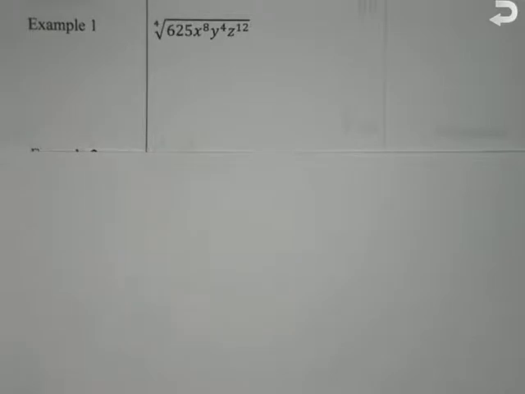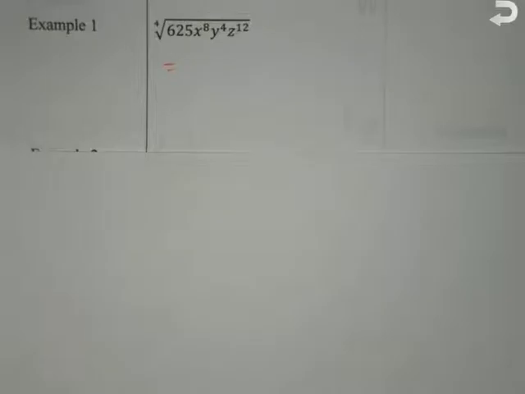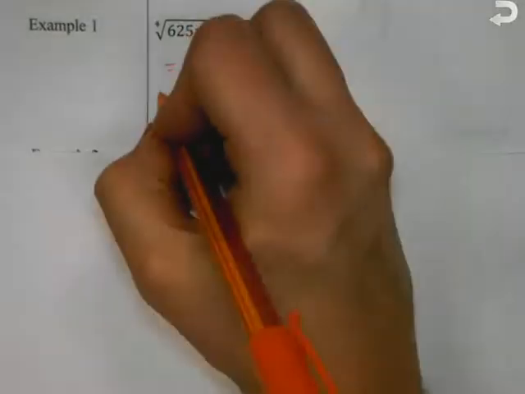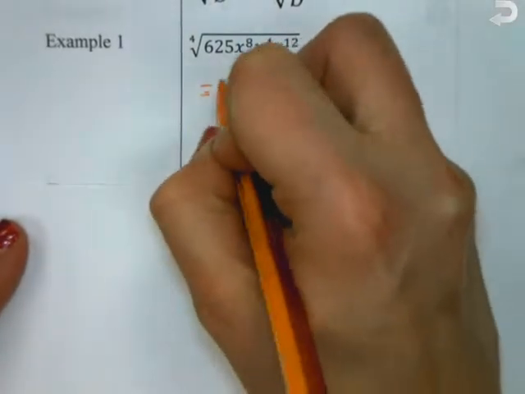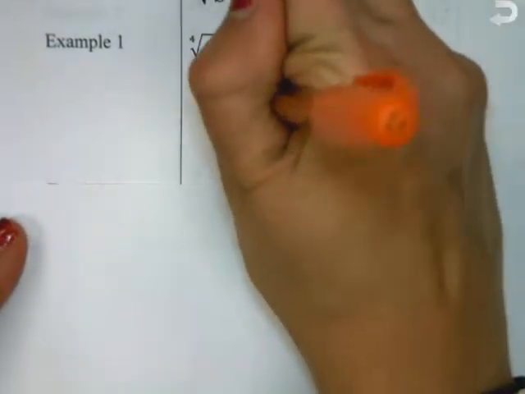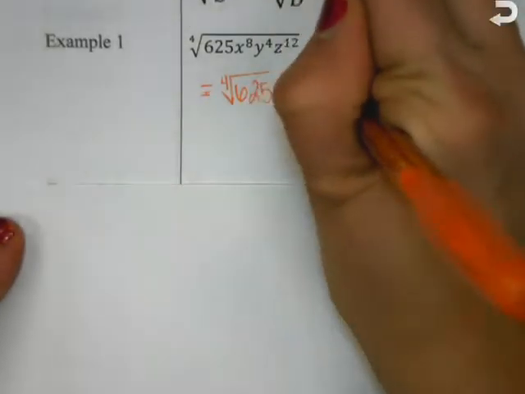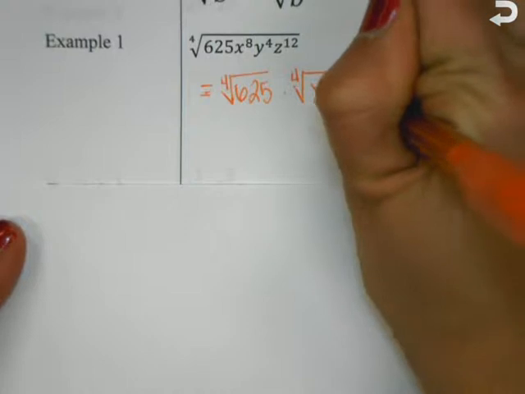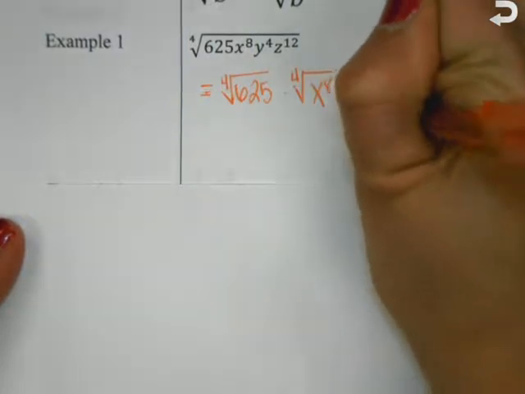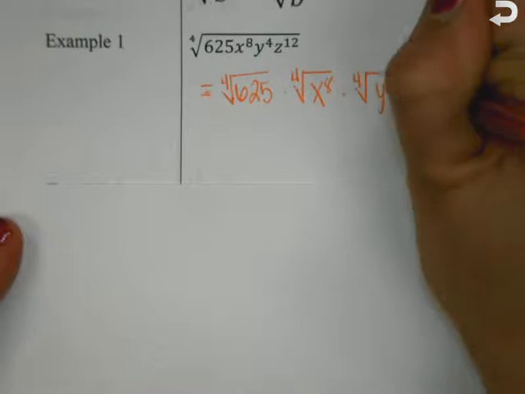So this is going to be equal to the fourth root of 625 times the fourth root of x to the 8th times the fourth root of y to the 4th times the fourth root of z to the 12th.